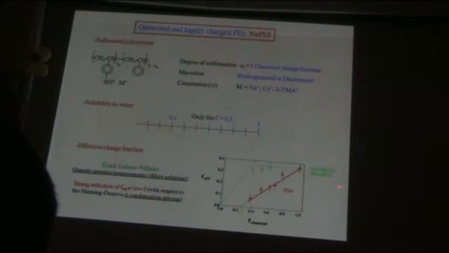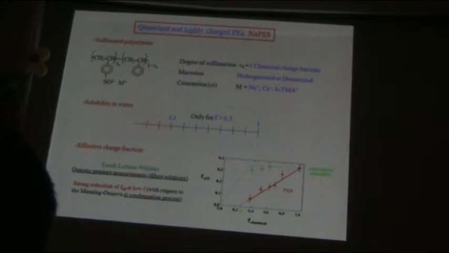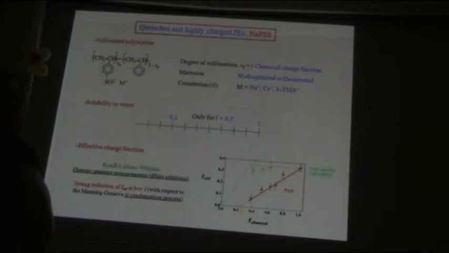But it is only purely hydrophilic when you have 100% sulfonation degree. If you reduce this sulfonation degree, you introduce some hydrophobic effect. So it is an example of a hydrophobic polyelectrolyte, a quenched one, provided the sulfonation degree is less than 1.